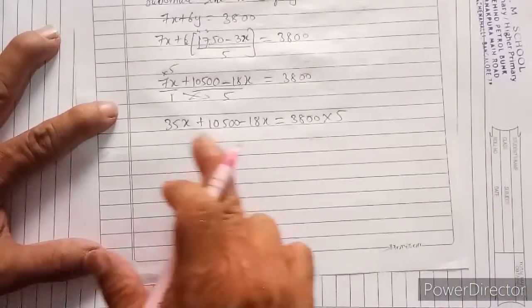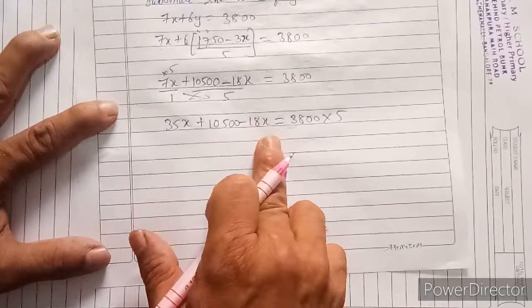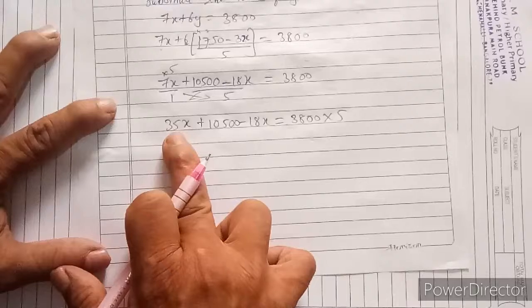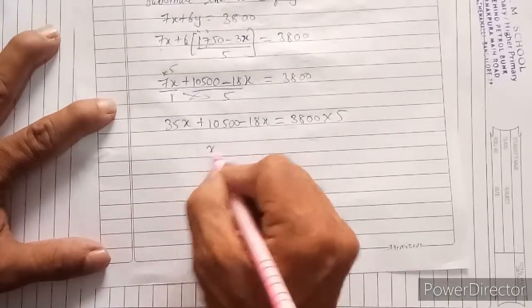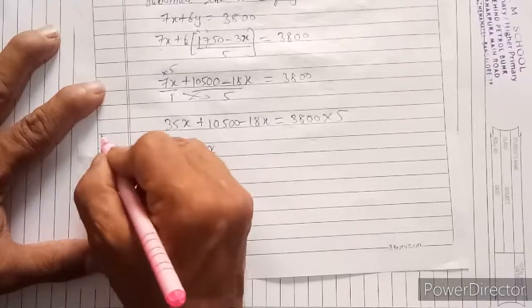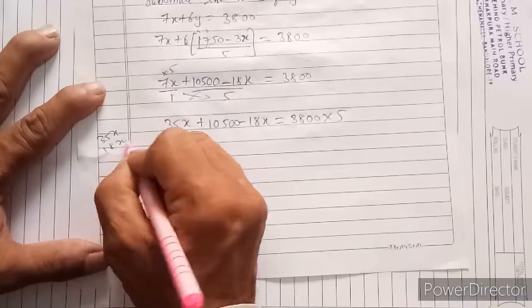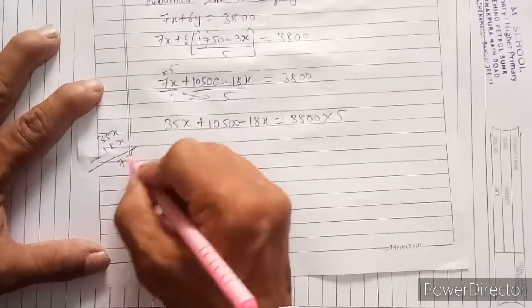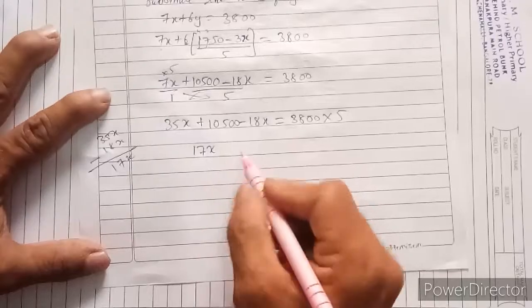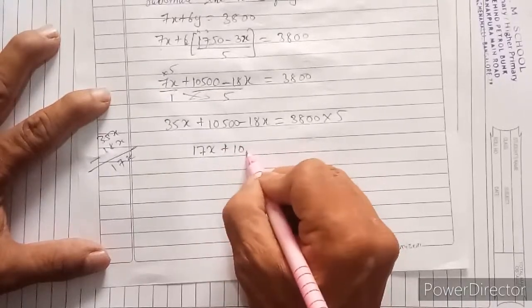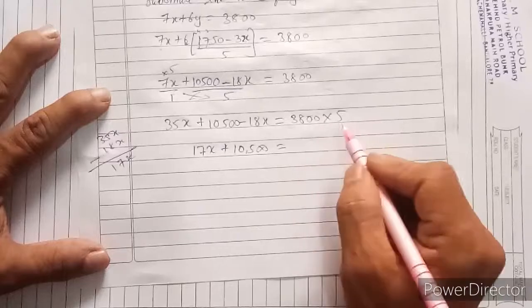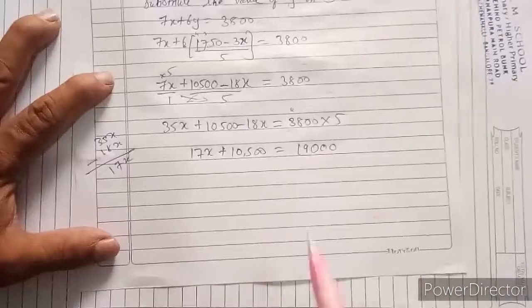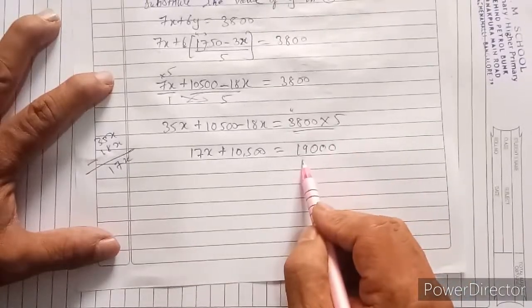After that, this 35x minus 18x we have to subtract. If I subtract this, what will we get? 15 minus 8 is 7, then 2 minus 1 is 1, that is 17x, and plus 10,500 is equal to 19,000, multiplying 3800 by 5.